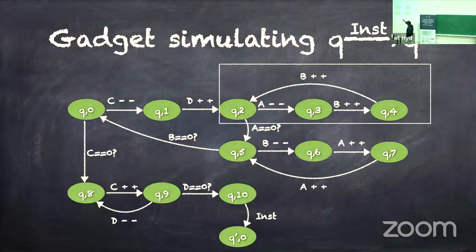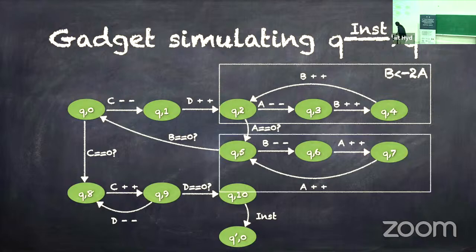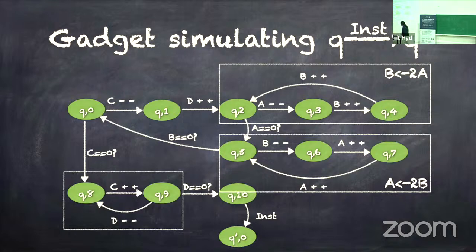The moment you enter Q2, the next time you exit Q2, A turns to 0 and B turns to twice the old value of A. Symmetrically, whenever you exit Q5, A turns to twice the old value of B, which means 4 times the old value of A when it entered the previous rectangular box, and B ends up with 0 value. And what does this do? Because you're adding first and then subtracting, this basically changes C to D plus 1, and D changes to 0.